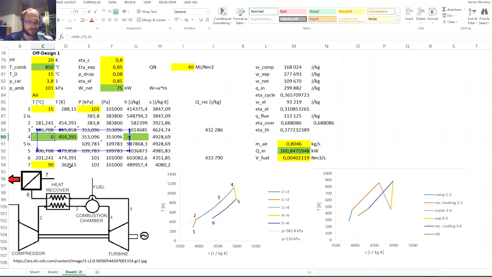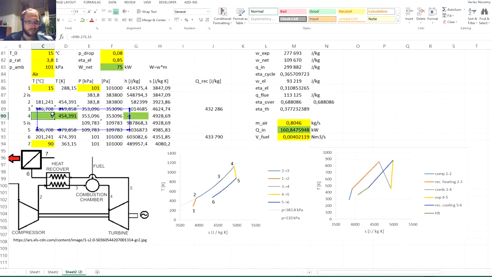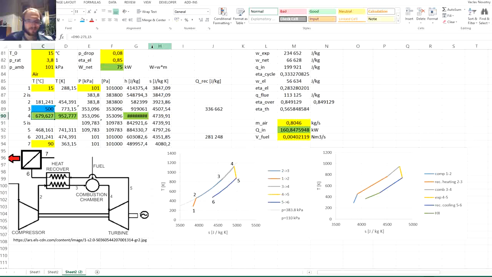Now the calculation is not working, and the iterative part of the calculation will be specifying, for example, the temperature at point 3. So let's say it was almost 600 degrees C, so let's put in something less, like 500. Now the calculation is working.